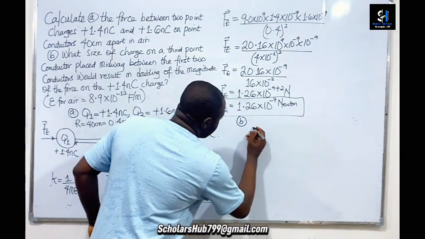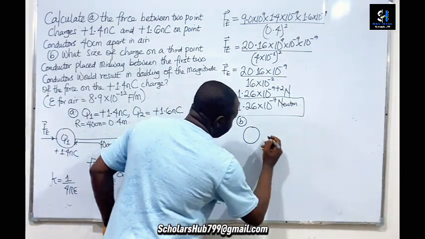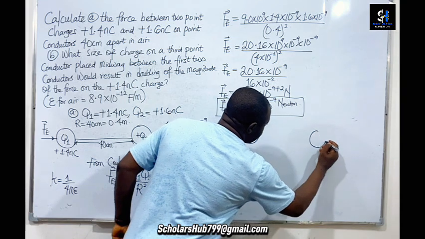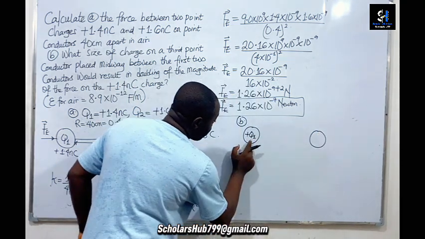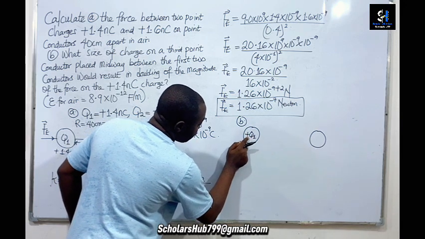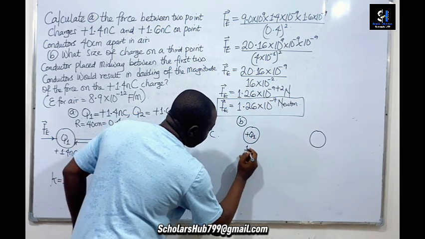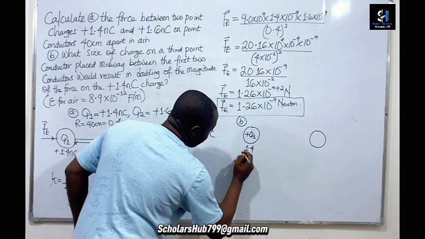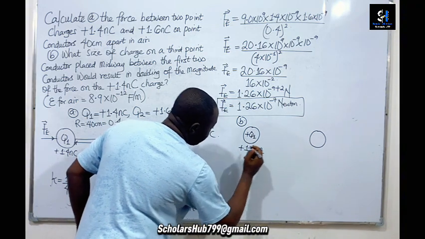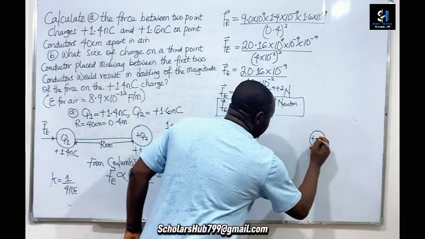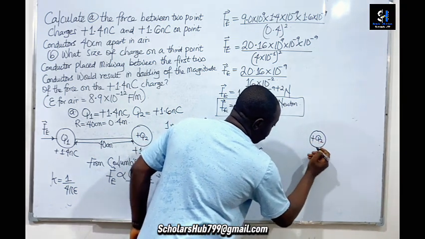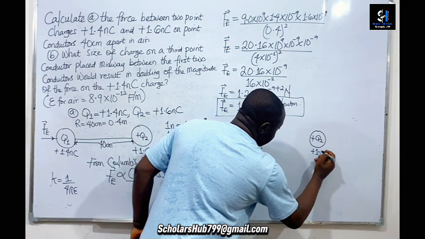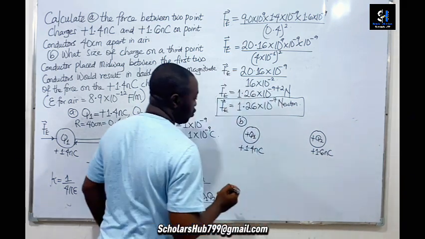What we are asked to do here is that now we have the first two conductors. The first conductor carries a charge of magnitude positive 1.4 nanocoulombs, and the second conductor carries a charge Q2 of magnitude positive 1.6 nanocoulombs.